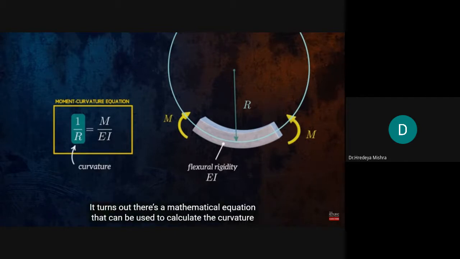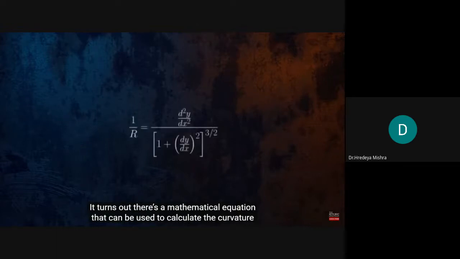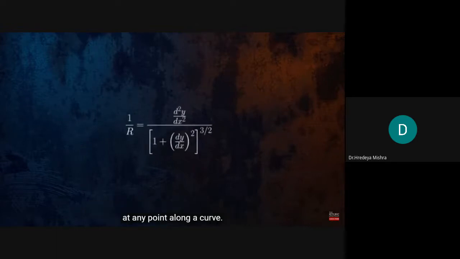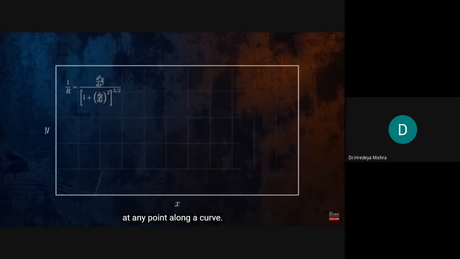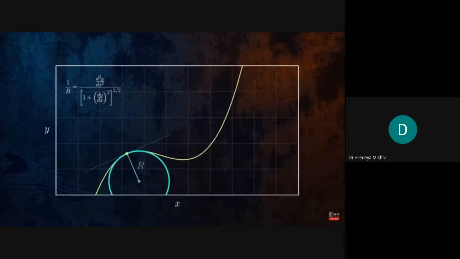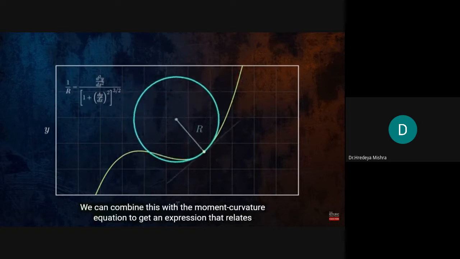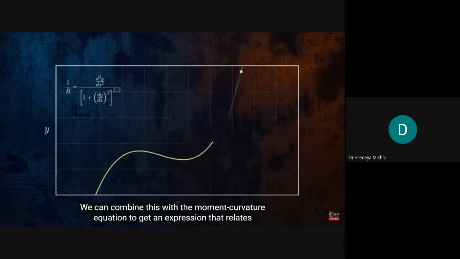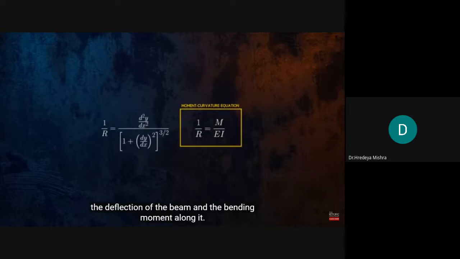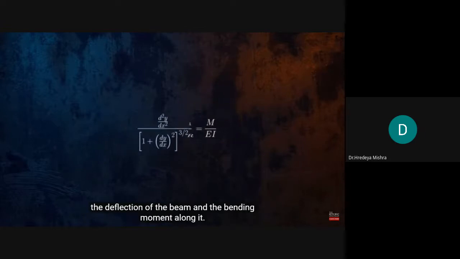It turns out there's a mathematical equation that can be used to calculate the curvature at any point along a curve. We can combine this with the moment curvature equation to get an expression that relates the deflection of the beam and the bending moment along it.